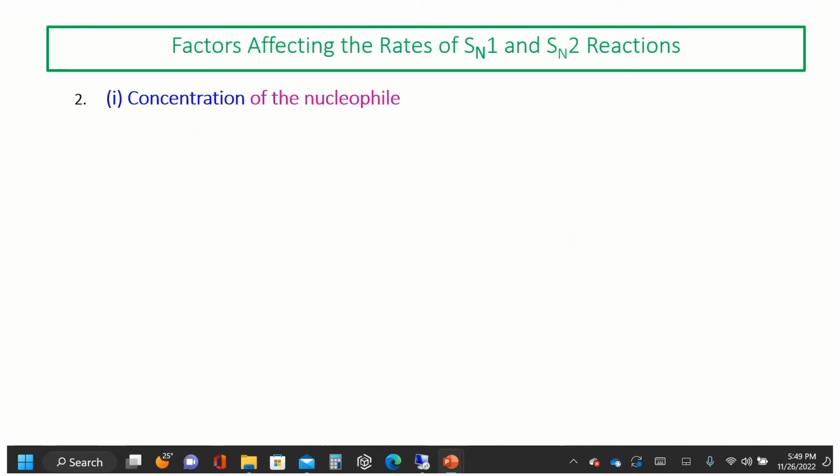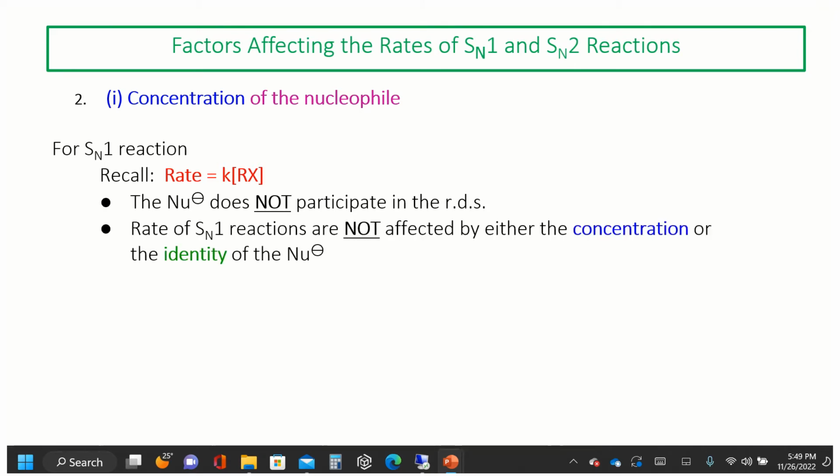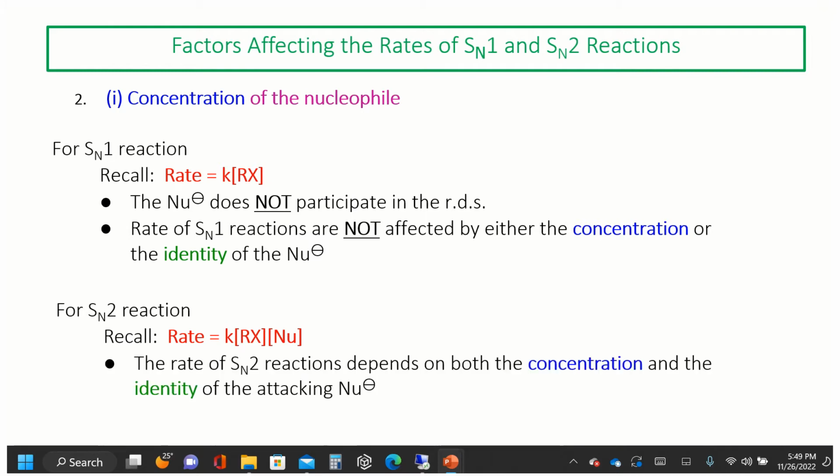If we look at the concentration of the nucleophile for the SN1 reaction, it's not important to us because it does not appear in the rate-determining step. We only depend on the concentration and identity of the alkyl halide. For SN2 reactions, remind yourself that it is bimolecular, and so it depends on the concentration of the nucleophile.